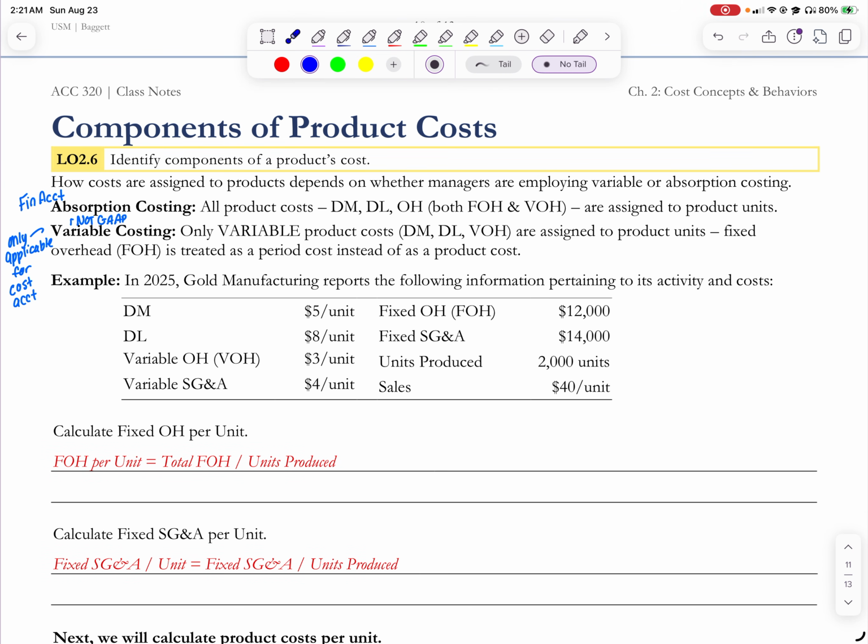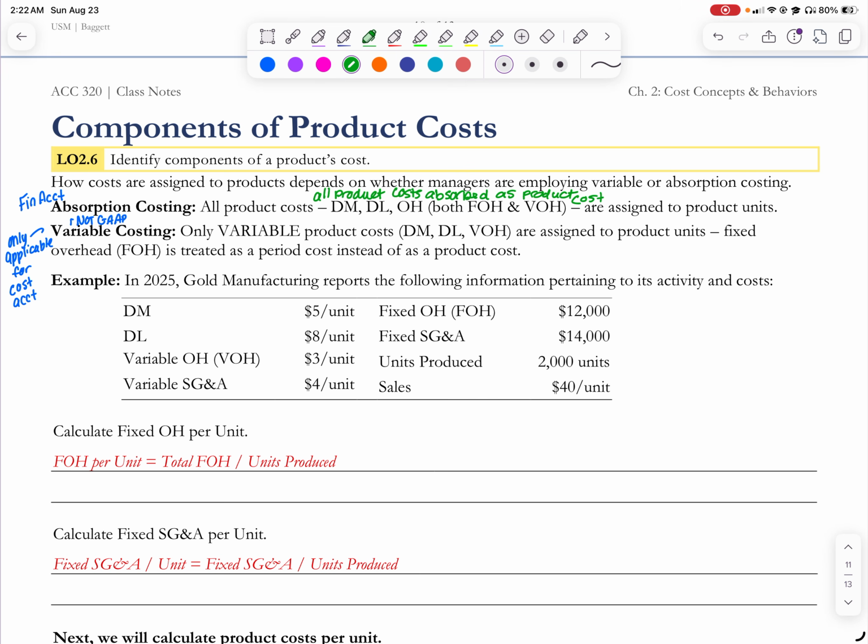Absorption costing incorporates all product costs and treats all product costs like product costs. Direct material, direct labor, overhead, all of those product costs are absorbed as product costs. If it's a product cost, it's treated like a product cost.